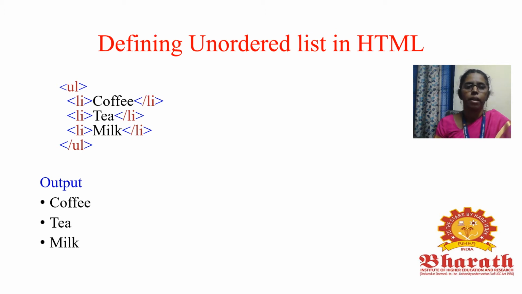Here the list items coffee, tea, milk are displayed with a bullet. The list items are not specified in number format because all these list items are specified within the UL tag. So an unordered list is nothing but all the list items specified with no sequence.